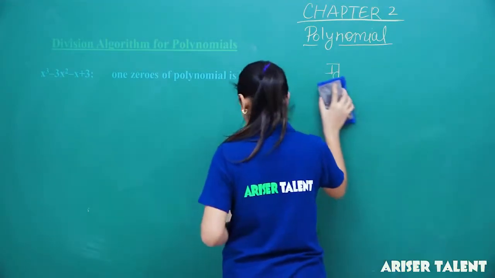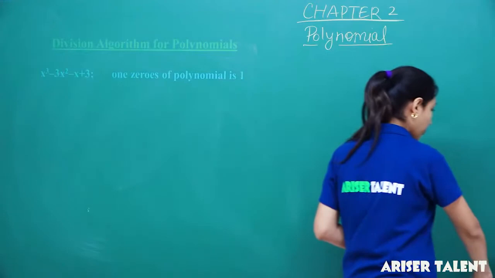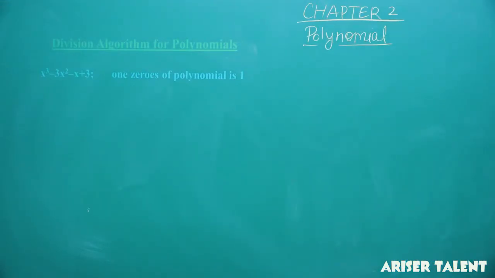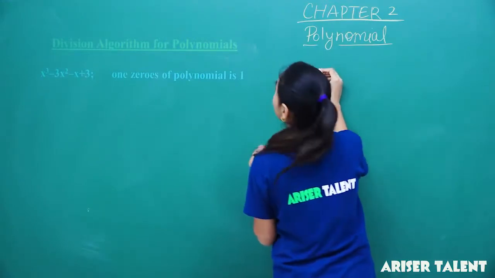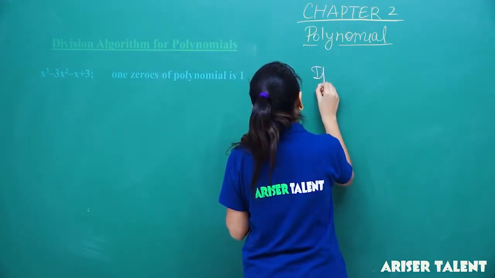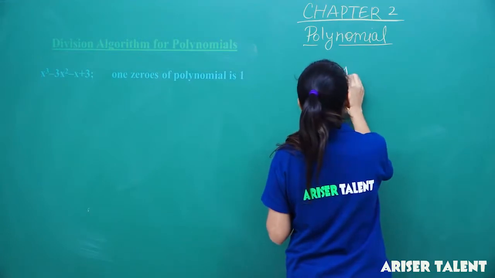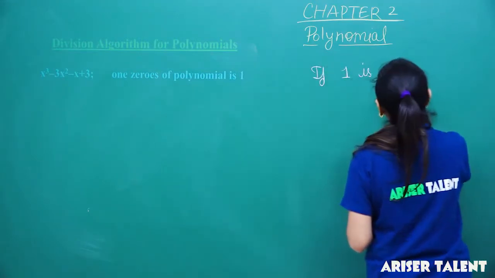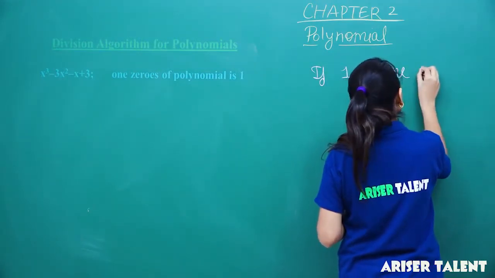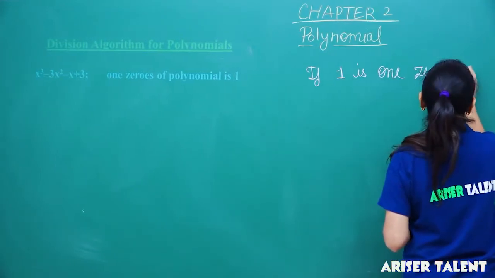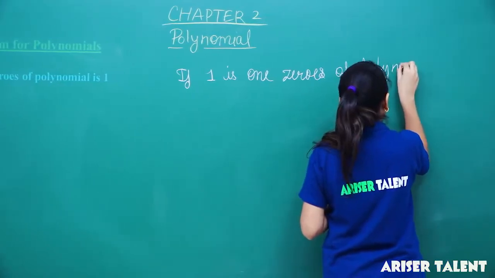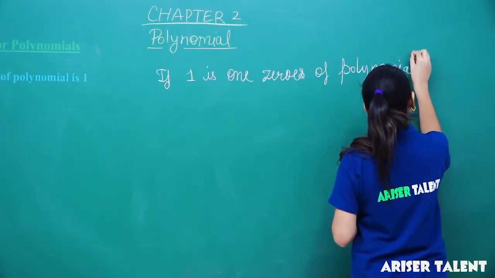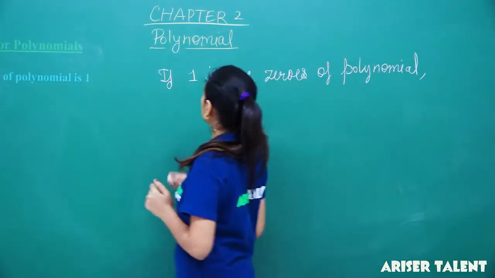let me use some other chalk for this, the white one. If 1 is one zero of the polynomial, then what do we conclude?